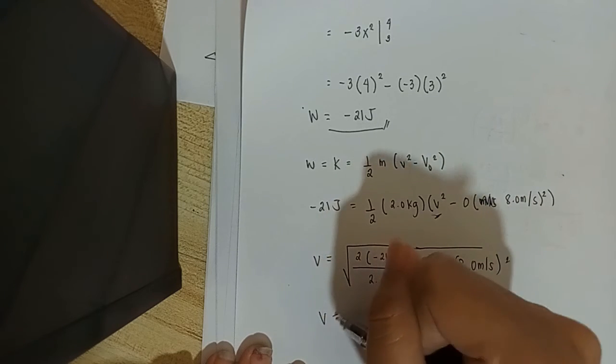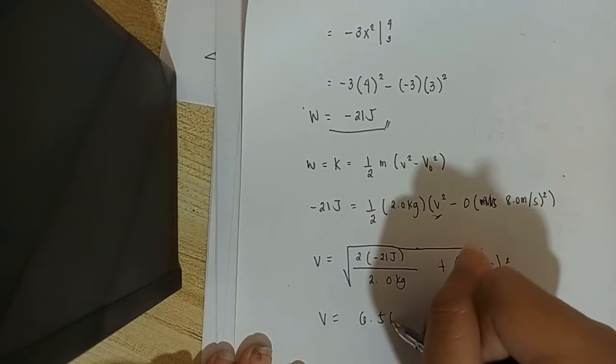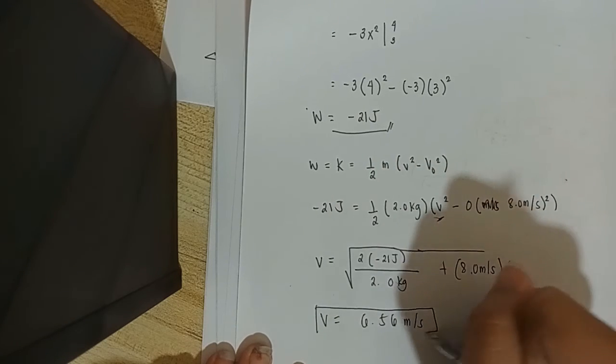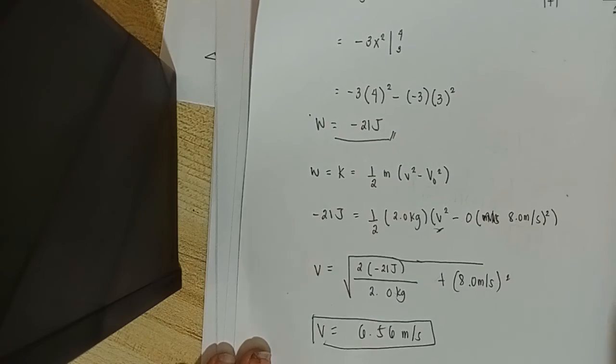Putting that on our calculator, that would be 6.56 meter per second. That would be our velocity of the body if x is equal to 4.0 meter.